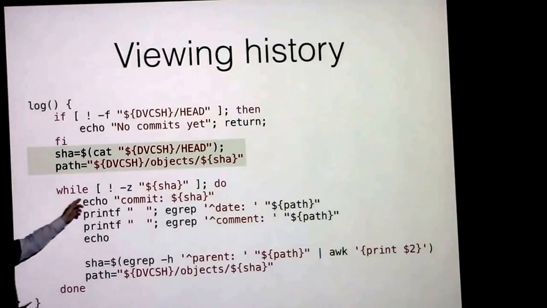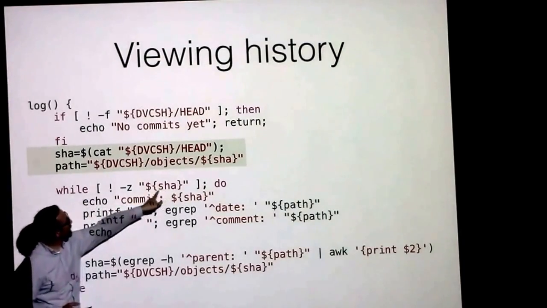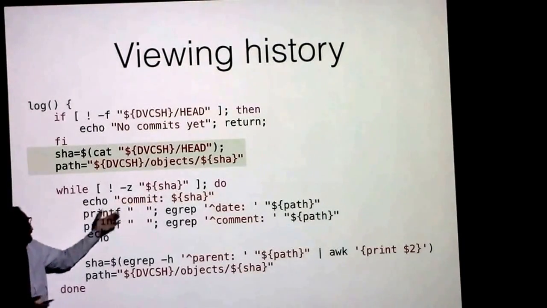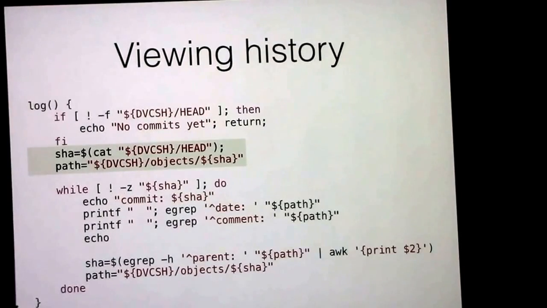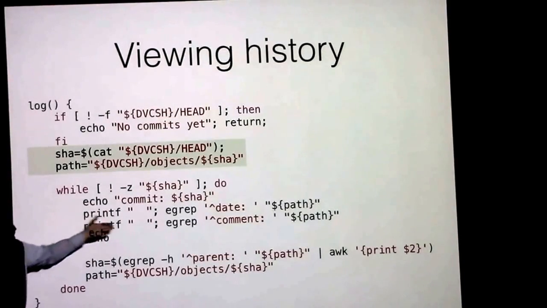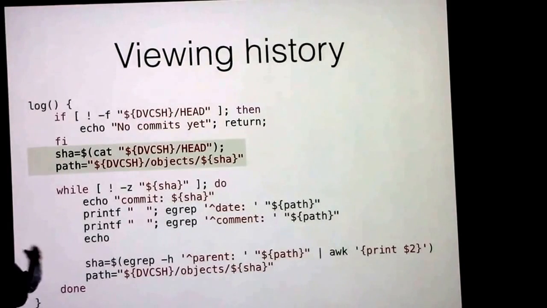This says while the SHA string is non-zero, and it has some length, this is just a little Bourne shell thing, we're going to do these things. As long as the SHA variable has something in it, we're going to keep doing this. We're going to print out the commit, the date, and the comment, pulling stuff out of that commit object so that we have a nice log.